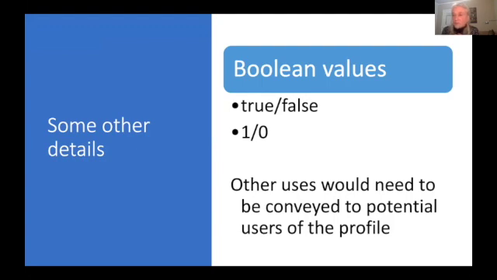Other uses, of course, are possible. Yes, no, whatever. But if you use anything beyond the standard values, then you have to have a way to communicate that to anyone making use of your profile.